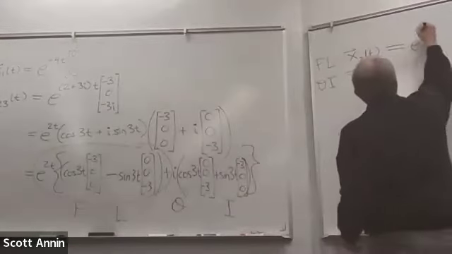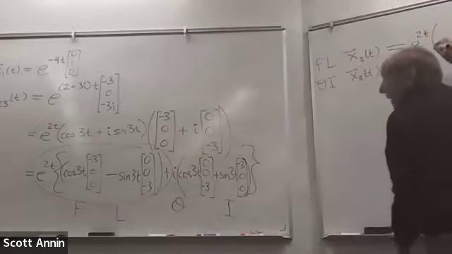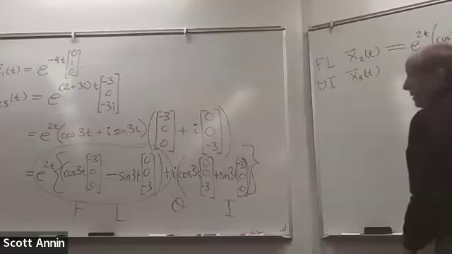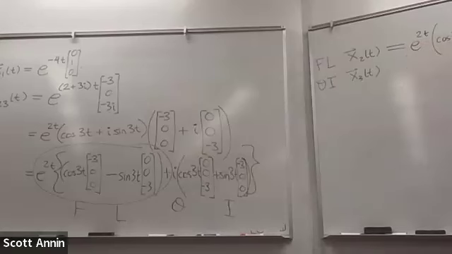So it would look like e to the 2t times the vector with cosine of 3t times -3, 0, 0, and then minus the sine of 3t times the vector 0, 0, and -3, just like so. So there's x2.